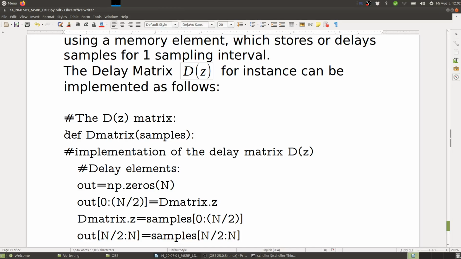Here you can see how it works. Here I define my function, def d matrix of samples. So samples is a block from, well, not directly the audio card, but indirectly. So this comes then from the FA matrix, and the FA matrix gives the D matrix N samples, a block of audio samples, which it needs to process accordingly.